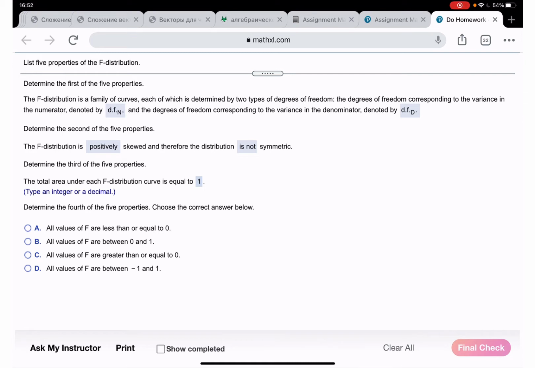Okay, determine the fourth property. All values of F are greater than or equal to 0. Why can it not be between 0 and 1? Because it goes between 0 and infinity.